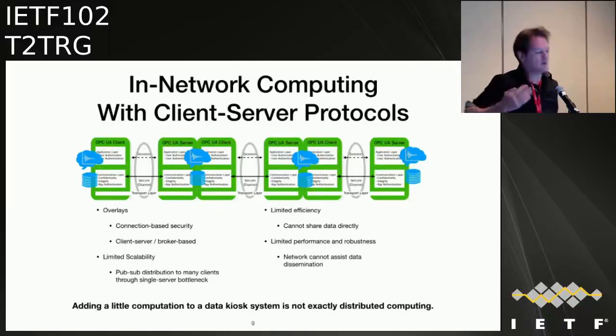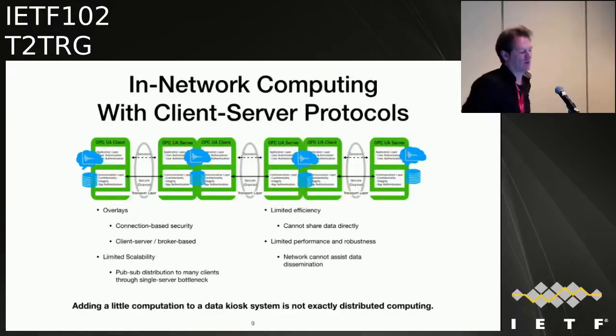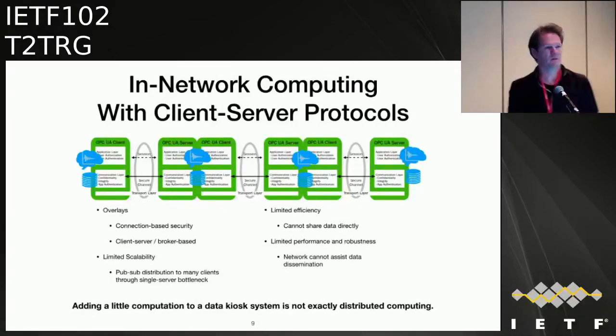You could use it to connect, for example, servers and then also instrument some computation. But as you can easily see, it's not the ideal technology to realize distributed computing in a network. It's more like a data kiosk thing. And connecting these things with back-to-back server-client configurations is not really scalable.